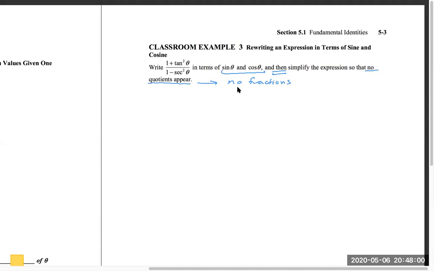Okay, so for this, let's go ahead and start with our original expression. We're first going to change this to tangent theta, the quantity squared, and secant theta, the quantity squared.